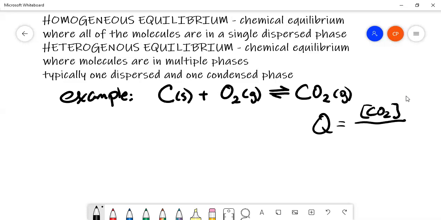One of those reactants is in a condensed phase and I don't count it. Which one? The carbon. And so I only put in the denominator the O2. Because the carbon is in a condensed phase and its activity goes as 1.